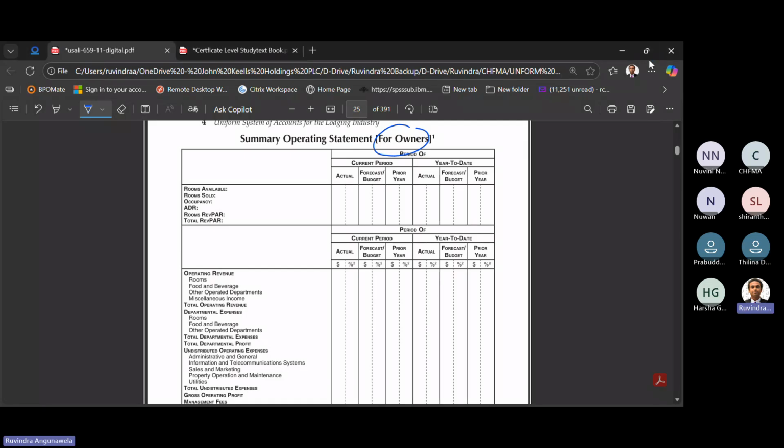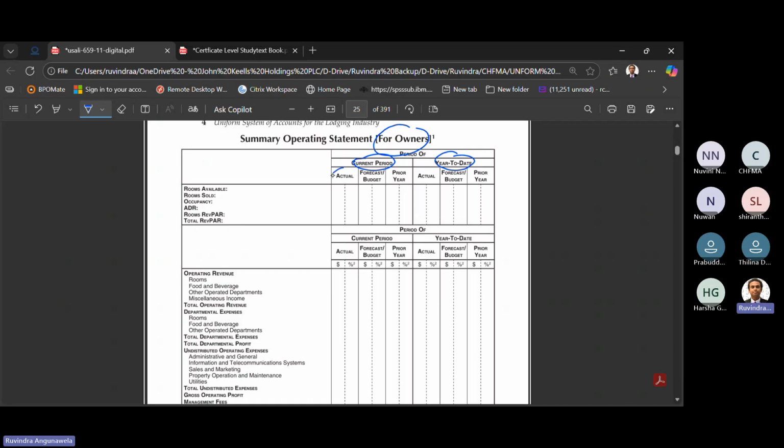So that is the period specification. And you see the current period and the year to date. Current period means, if you want, it can be the month that you're referring to. Say, if you're preparing the statements for the month of November, then what is the November? And then year to date will be the cumulative from April to November, for example, right? Don't worry too much about it.